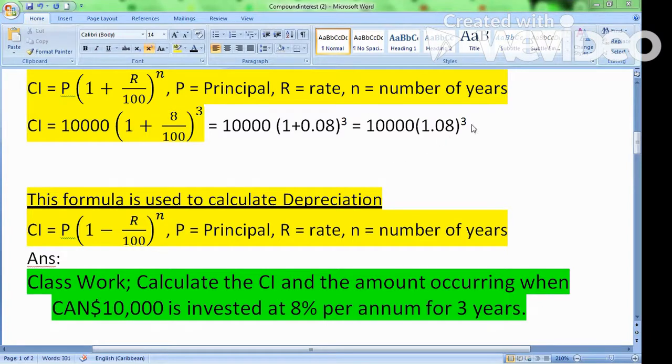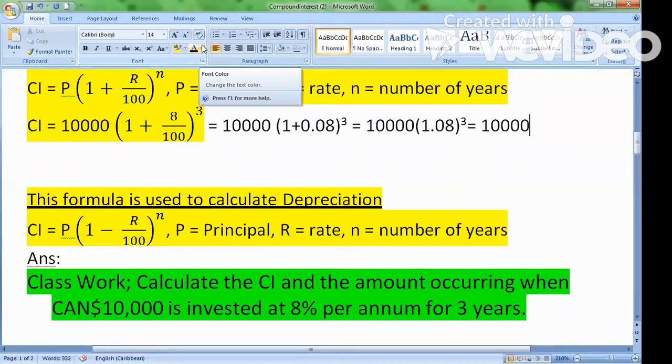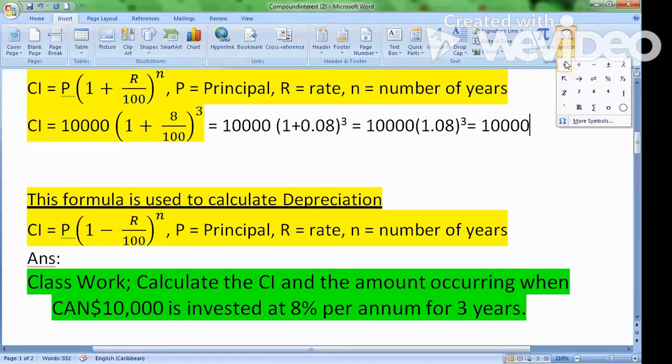So this is going to be 10,000 multiplied by 1.08 raised to the third power.